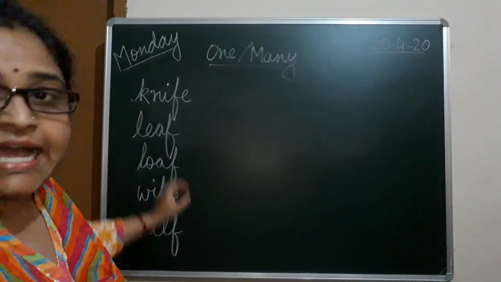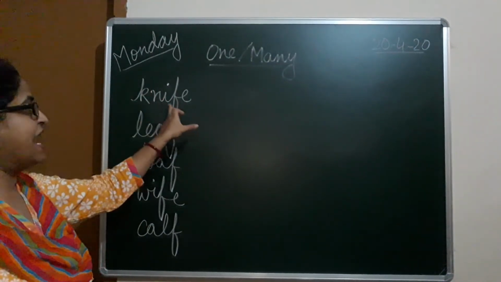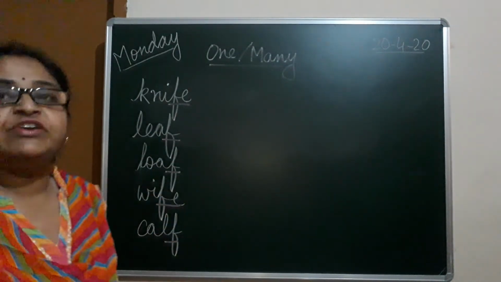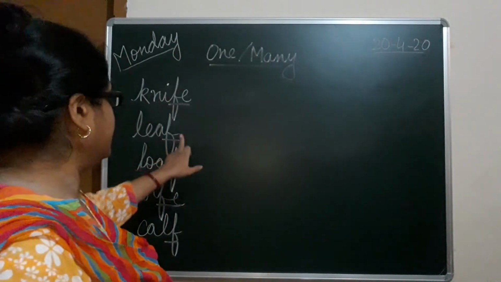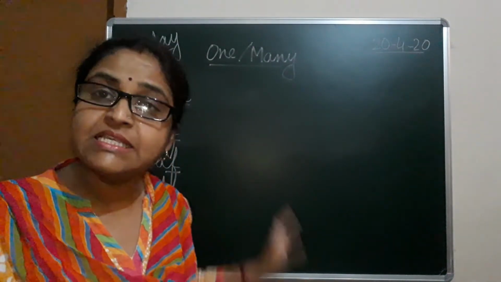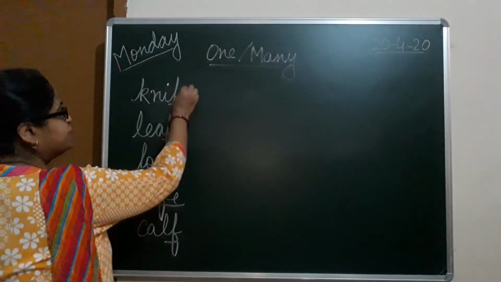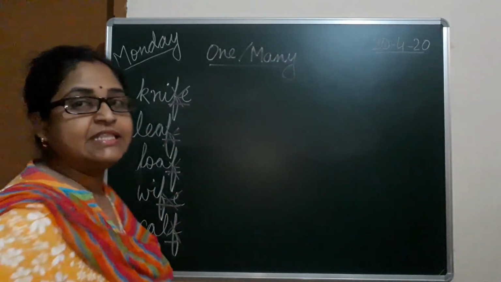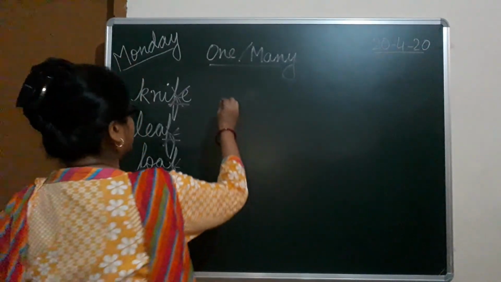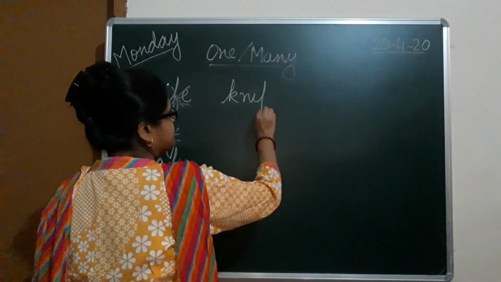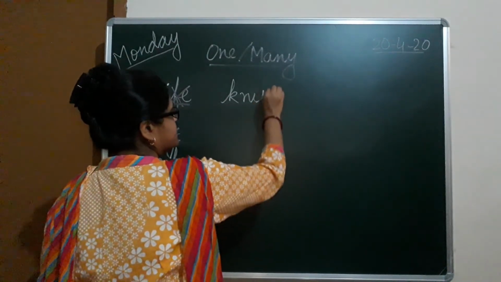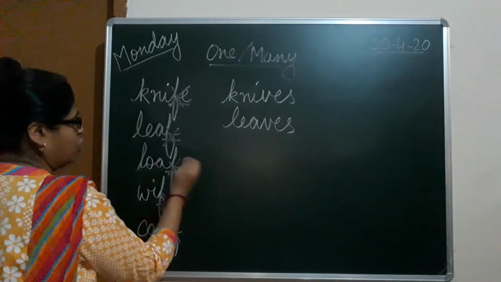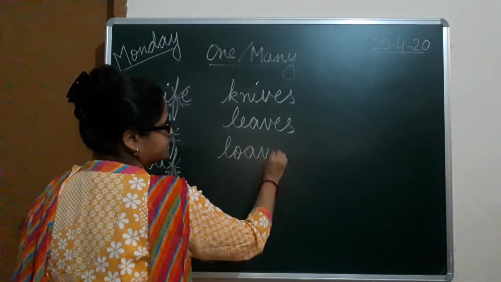Okay, so you can see that all these words end with either FE or F. Okay, now children, whichever words end with FE or F, when we have to make these words plural, we remove the FE or F and add VES at the end to make these words plural, like knife becomes knives, then leaf becomes leaves, loaf becomes loaves.